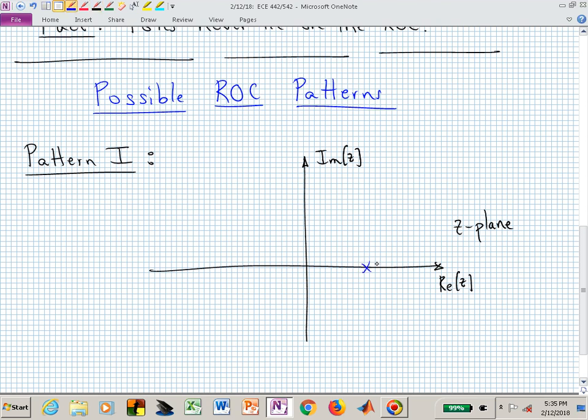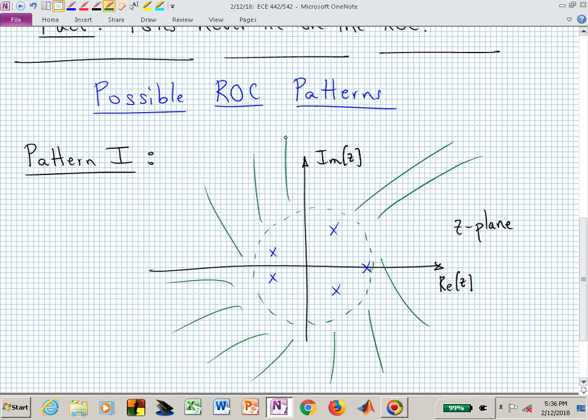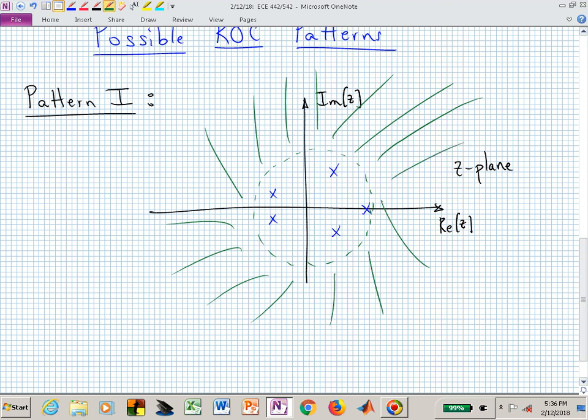Suppose that we now have a collection of poles, and one of those better be the furthest away from the origin. I'm going to assume that it's this one. And so this pole on the right is just inside the boundary of this green circle, and the region of convergence, pattern 1, is exterior to all of these poles. Everything that's shaded is the region of convergence.